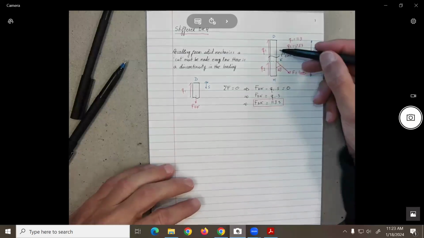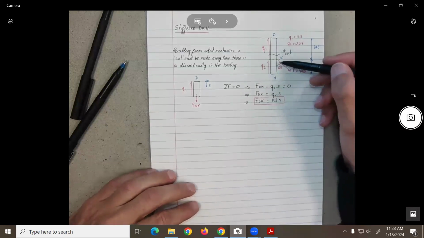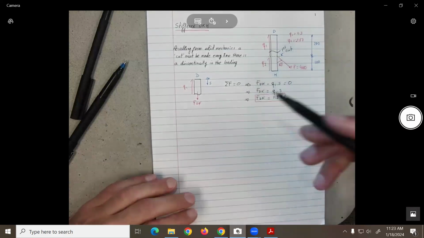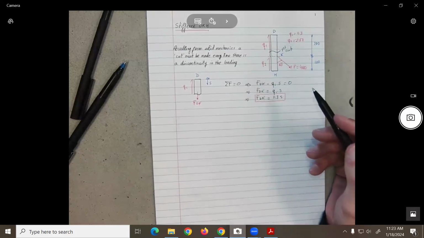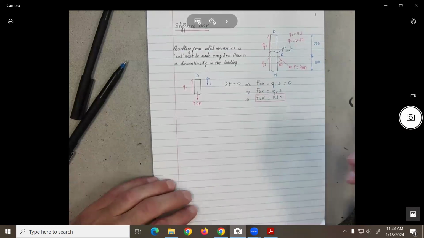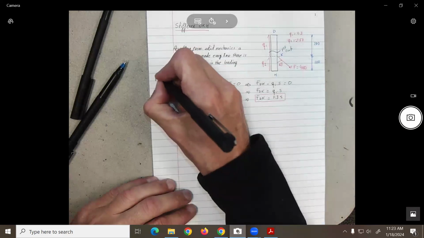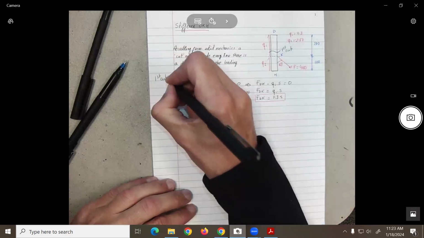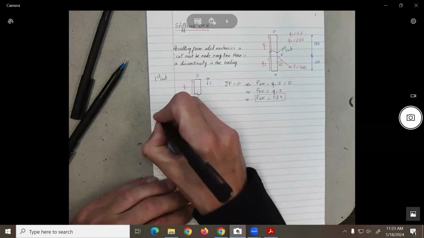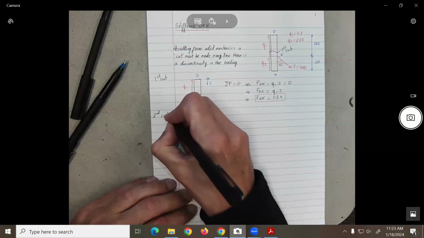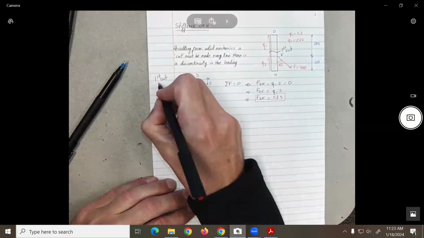Okay, now we pass over here and we need to know what's happening after point K. So basically we need a second cut to know what's happening afterwards. First cut over here, second cut.